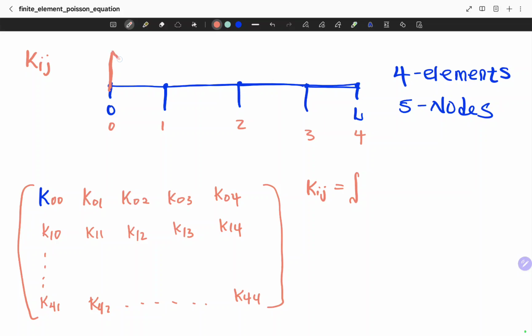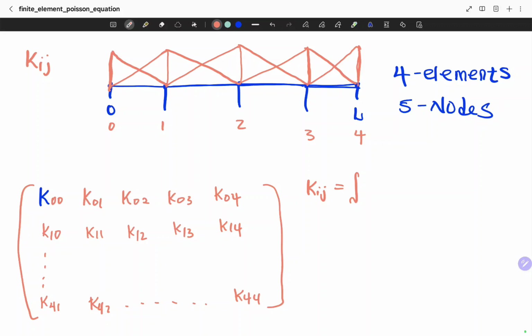So this is 0, 0, 0, 1, 1, 0, 1, 1, 1, 2, 2, 1, 2, 2, 2, 3, 3, 2, 3, 3, 3, 4, 4, 3, 4, 4. What do you notice?